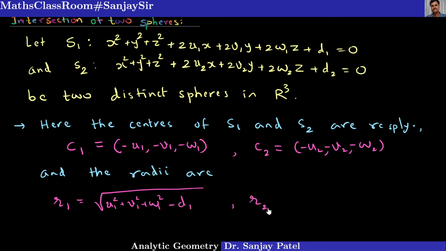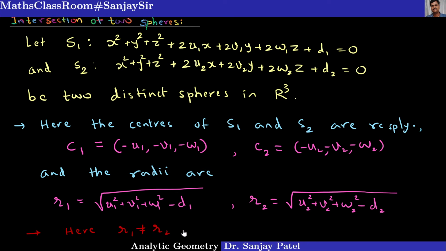And for the second sphere, the radius R2 is given by the square root of u2 square plus v2 square plus w2 square minus d2. Just remember that we are assuming R1 is not equal to R2, so the two spheres are not identical.